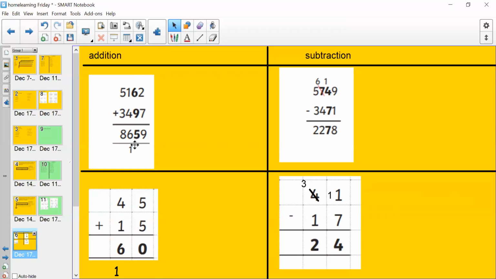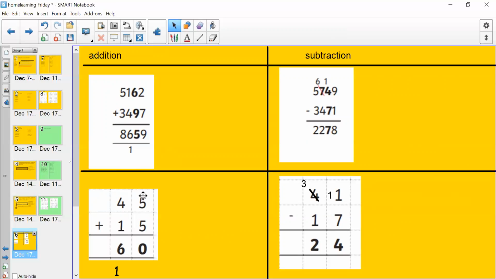So that could not go in the tens column. So we have to regroup, which means we put the 100 in the hundreds column and the 50 in the tens column. Then we add the hundreds column. We've got 100 plus 400 plus 100, which equals 600. And then we add the thousands column, which was 5,000 plus 3,000 equals 8,000.